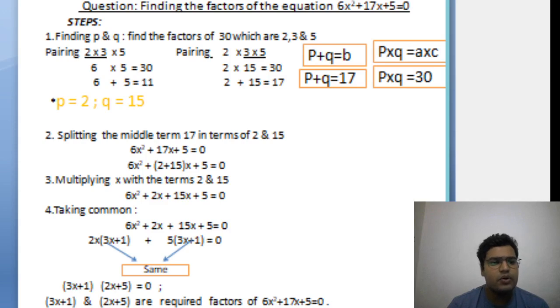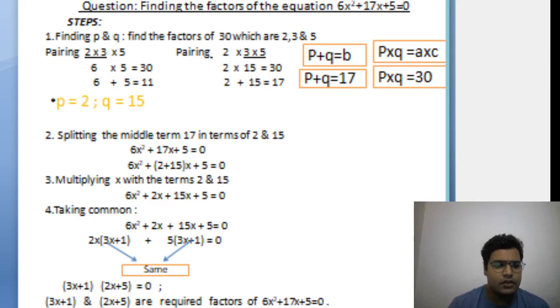So in the third step, what we are going to do is multiply x with the terms 2 and 15. In the above equation, what we have received is 6x square plus (2 plus 15) into x plus 5 equals 0. We are going to multiply this x with 2 and this x with 15. So the equation becomes 6x square remains the same, multiplying 2 with x gives 2x, multiplying 15 with x gives 15x, and plus 5 is the same, equals 0.